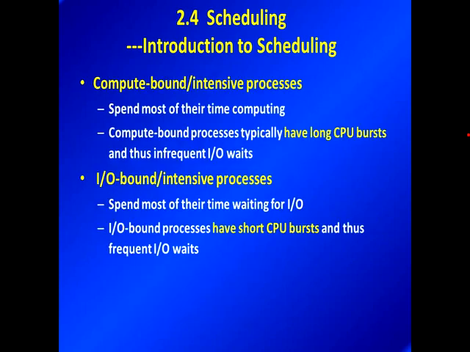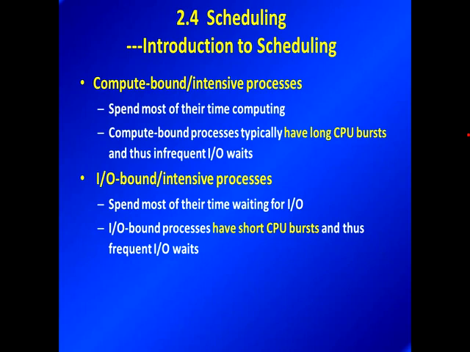And you can see for the compute bound processes, they spend most of their time on computing, and a typical compute bound process is the process of a compiler. And for the I/O bound processes, they spend most of their time waiting for I/O.